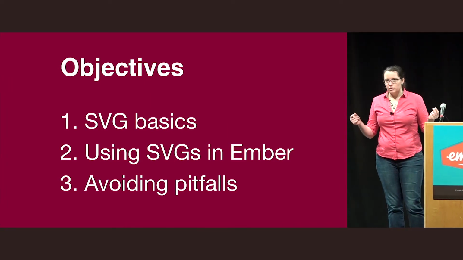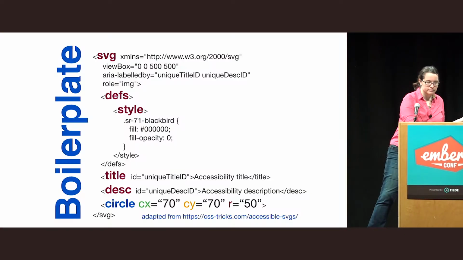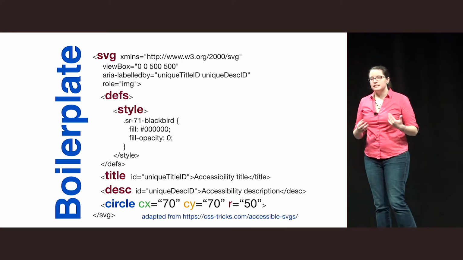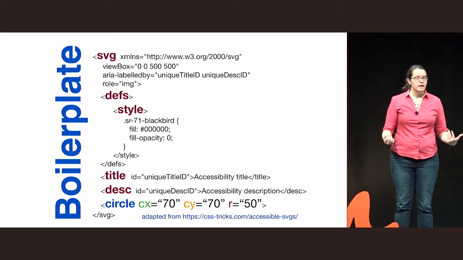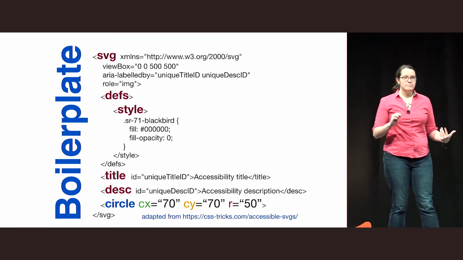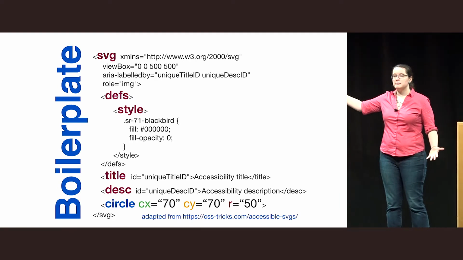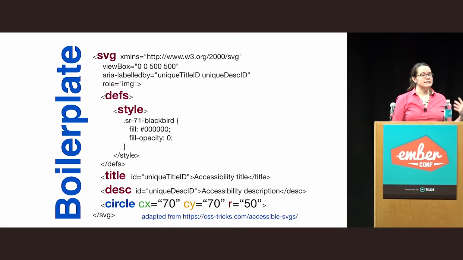So let's start with the basics of SVGs. If you open up an SVG in an image editor, you'll see a picture. But if you open up that same file in your text editor, what you'll see is an XML document kind of like this. It has DOM elements and styling.